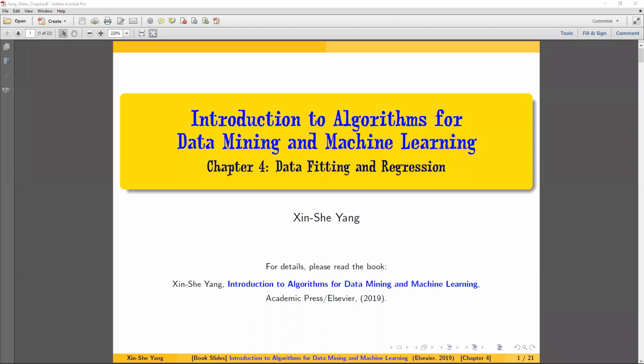Okay, let's continue our discussion on introduction to algorithms for data mining and machine learning. In this section, we are focusing on data fitting and regression. So by now you understand what is algorithm, what is optimization, mathematical foundations, and also in-depth understanding of machine optimization algorithms.